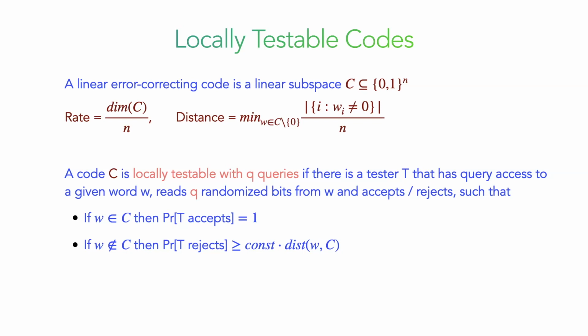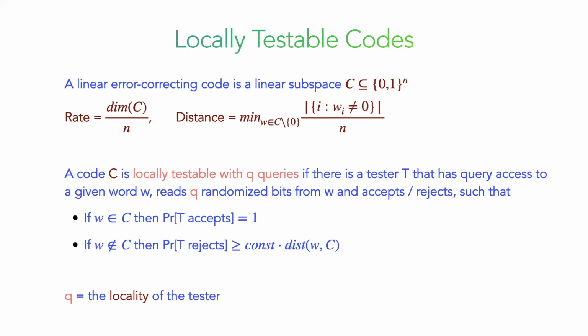We can't expect it to reject with probability 2/3, because maybe only one bit of the codeword was flipped, and you're only reading a constant number of bits. So the best we can hope for is to reject with probability proportional to how many bits were corrupted. So that's the notion of a locally testable code.